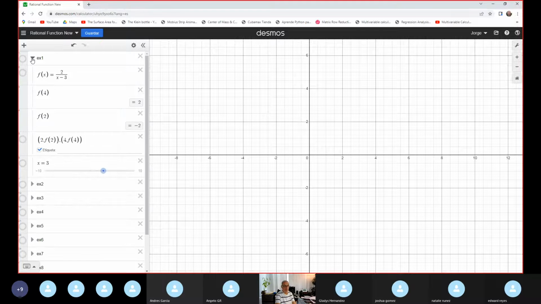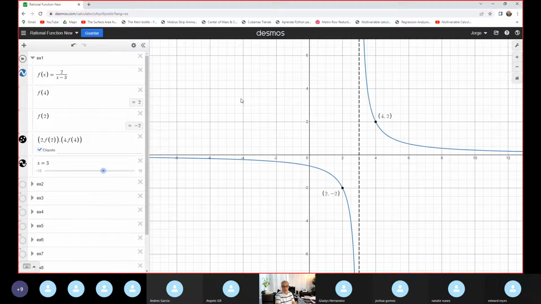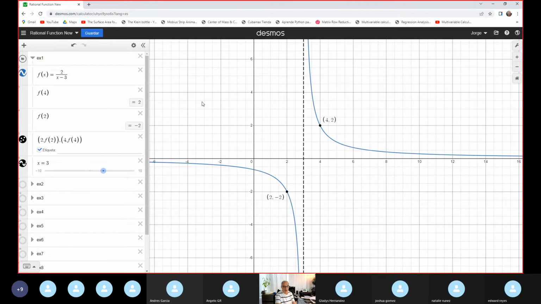Look at example 1, the function 2 over x minus 3, exactly as I put it on the paper. Look, it's fantastic because you put the function using function notation. You can also use y here: y equals 2 over x minus 3. Desmos understands very well that y and f of x are the same.